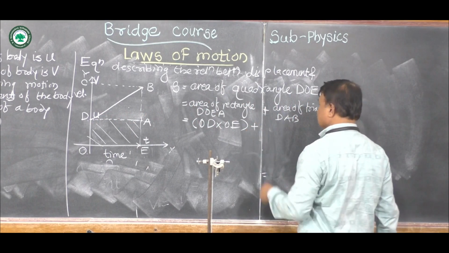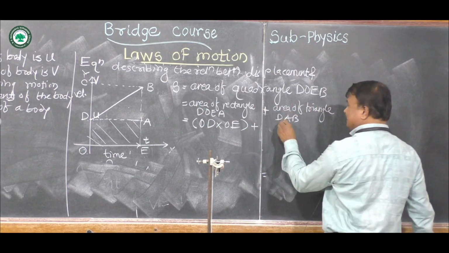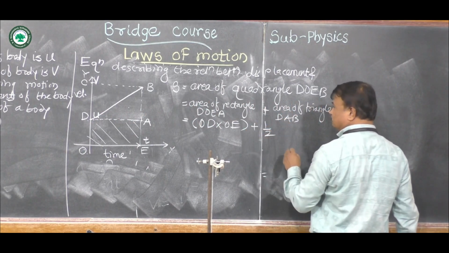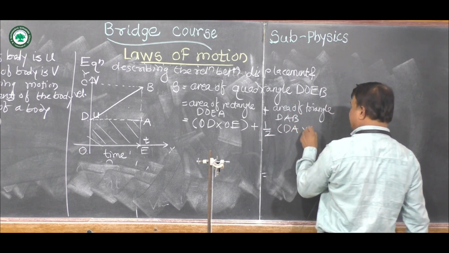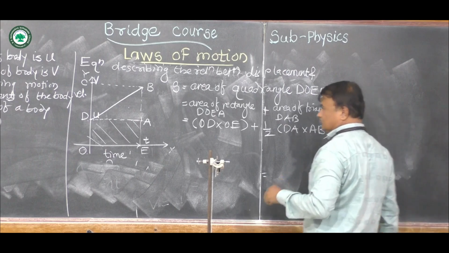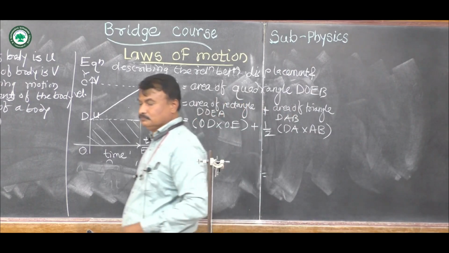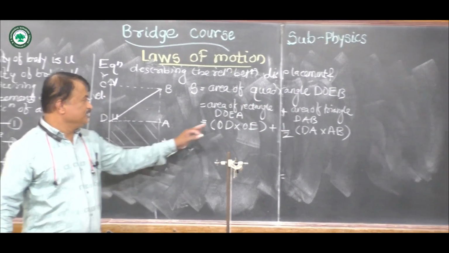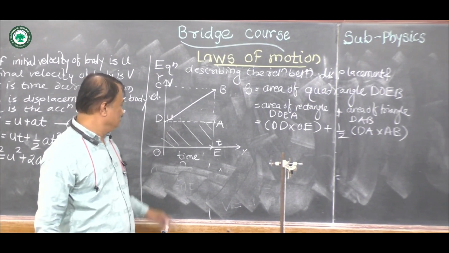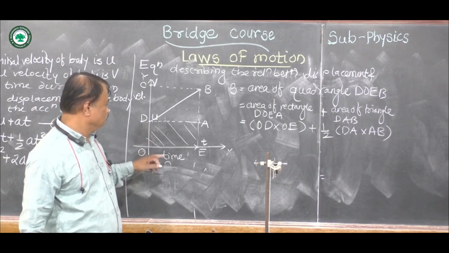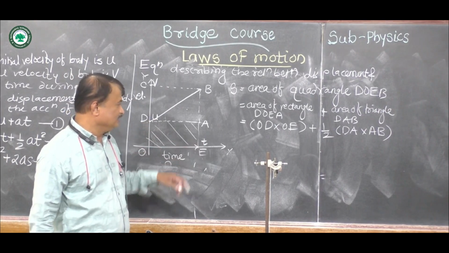Plus area of triangle DAB, half of DA into AB. By using this formula we can find out the total displacement.